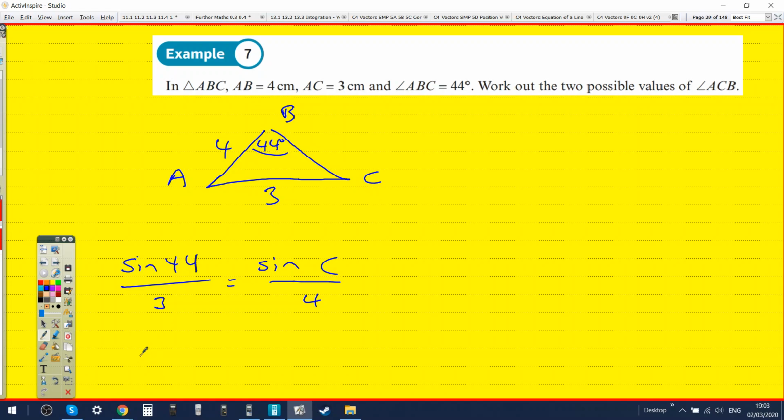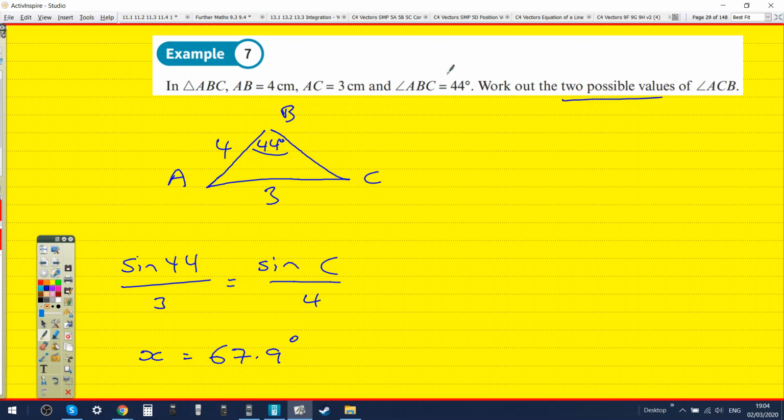And so that would be 67.9. And it says 2 possible values.